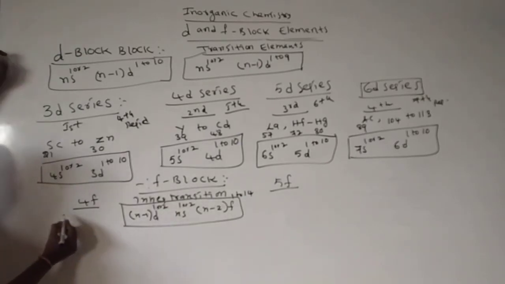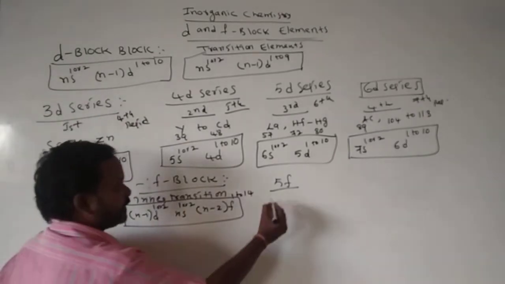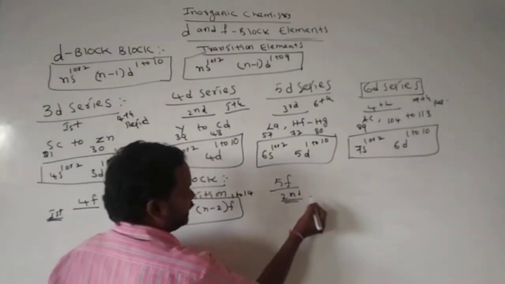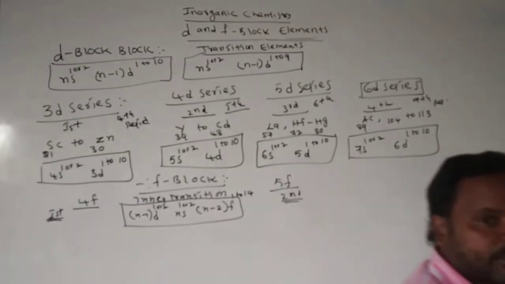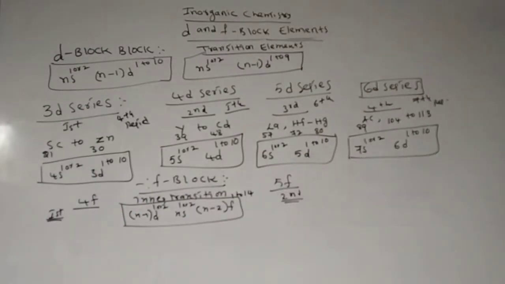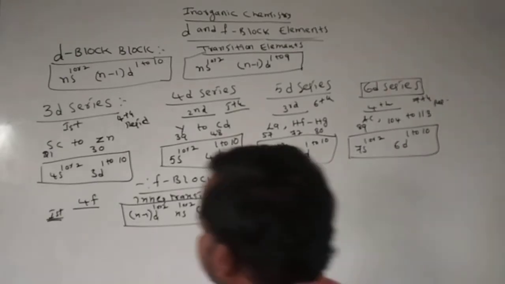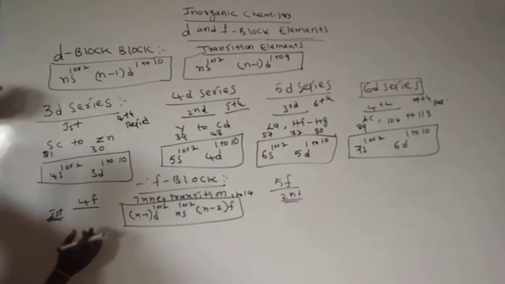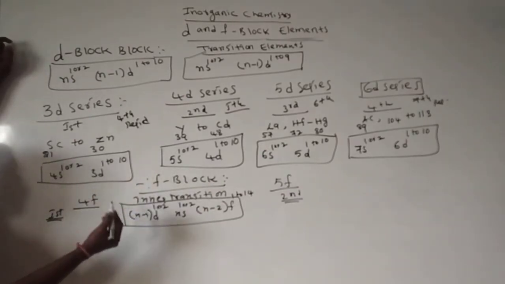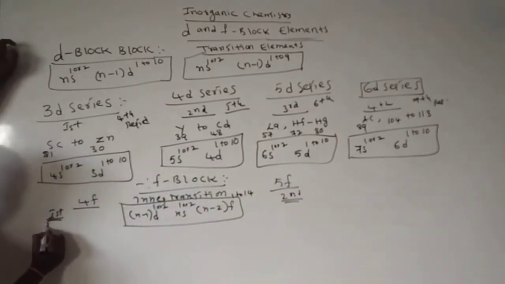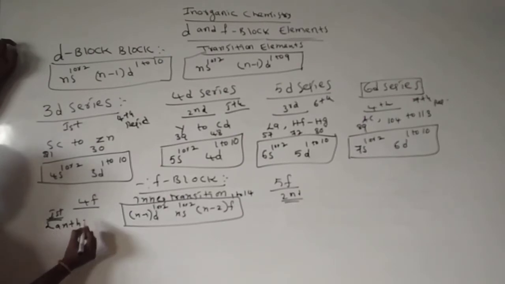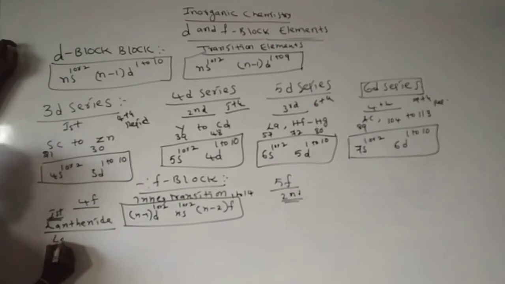Here the 4F series elements are called first inner transition elements, and the 5F series are called second inner transition elements. The 4F series starts after lanthanum, so we call the 4F series elements lanthanides, also called lanthanones.